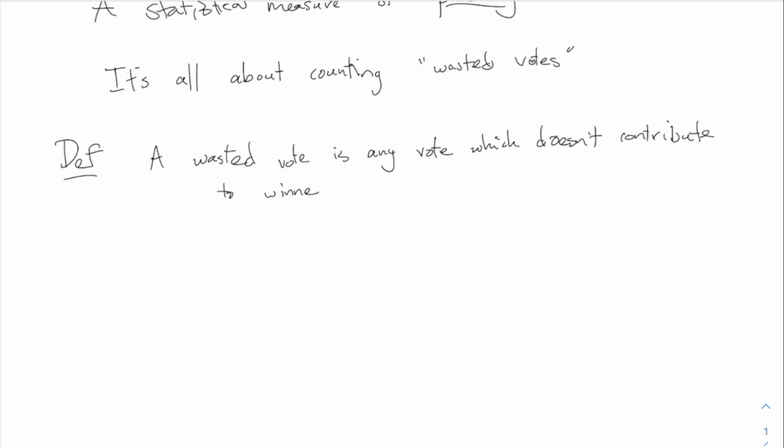What I mean by that is, first of all, any vote for the loser counts as wasted, because that's not a vote that is contributing to a win. So any vote for the loser counts as wasted.